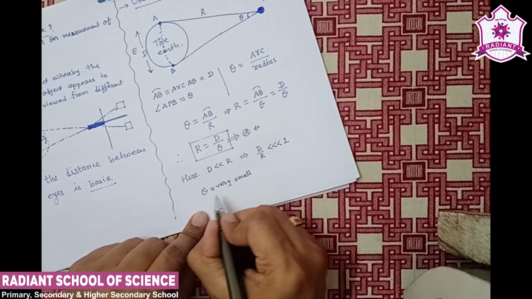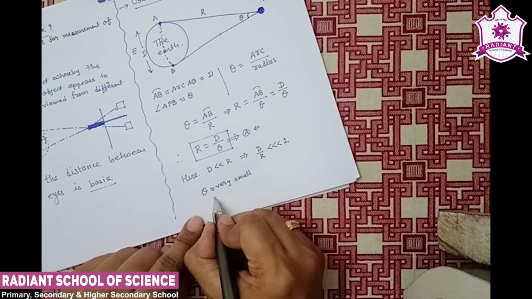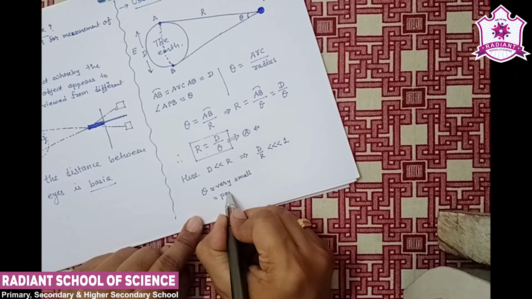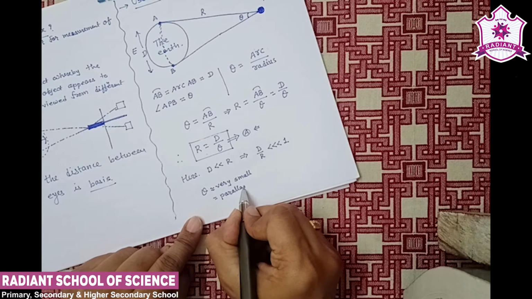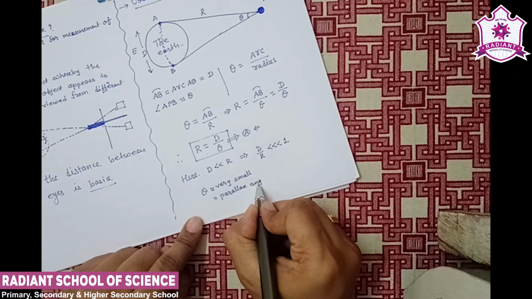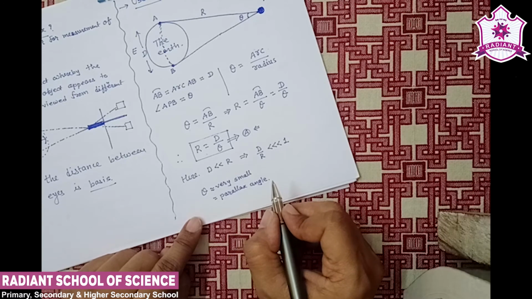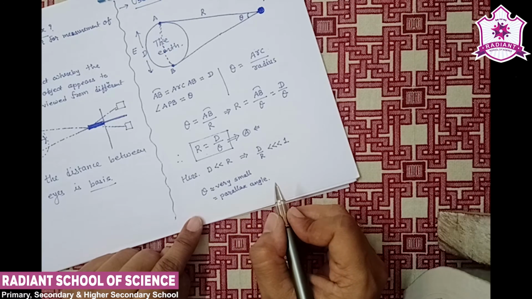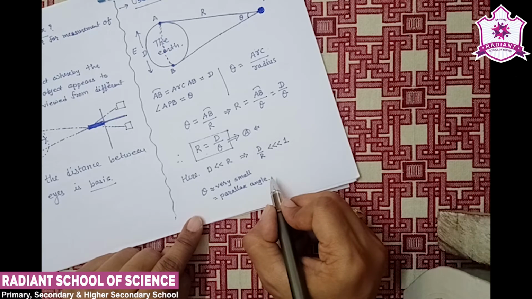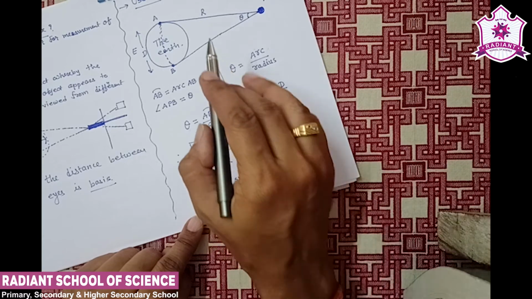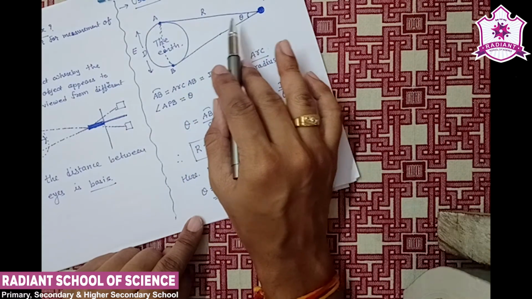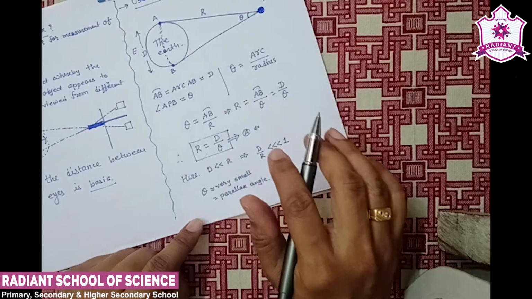This angle theta is called the parallax angle, or it is also called the parallactic angle. So this is one simple method through which we have measured the distance between Earth and the planet.